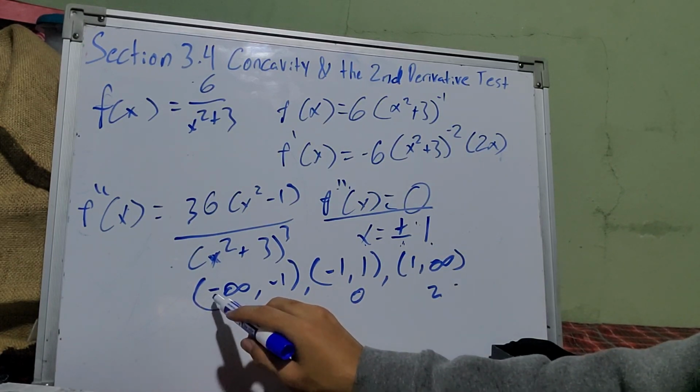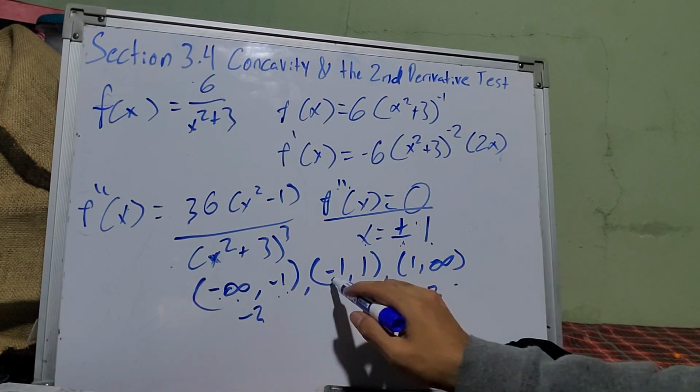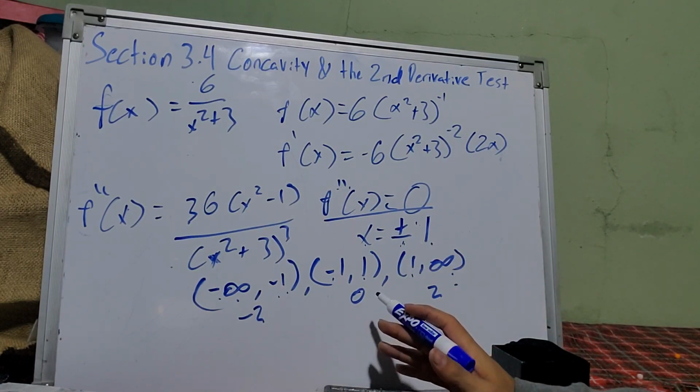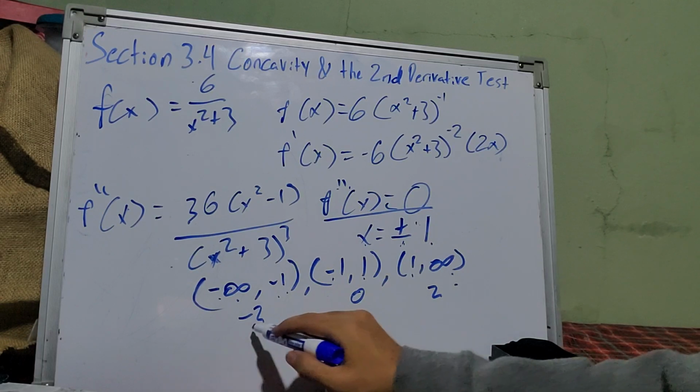This will determine that the intervals negative infinity to negative 1, negative 1 to 1, and 1 to infinity are all the intervals that we can check for concavity.